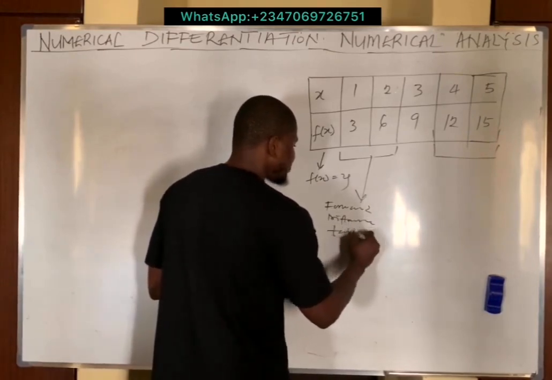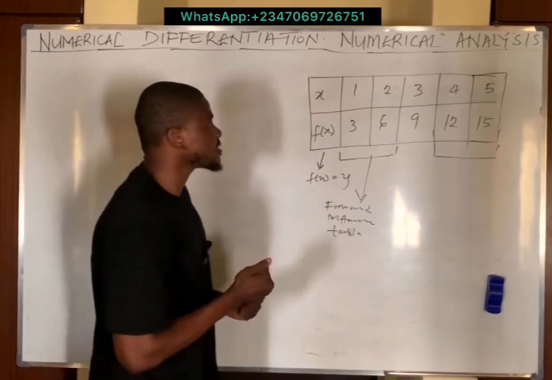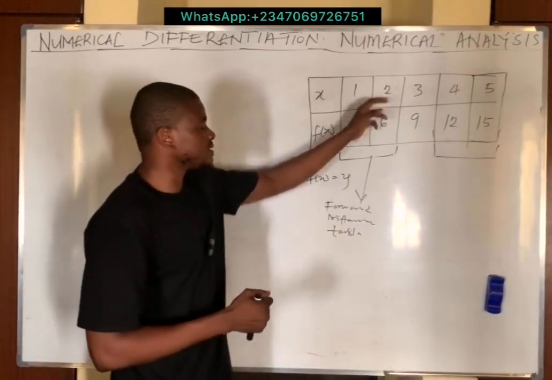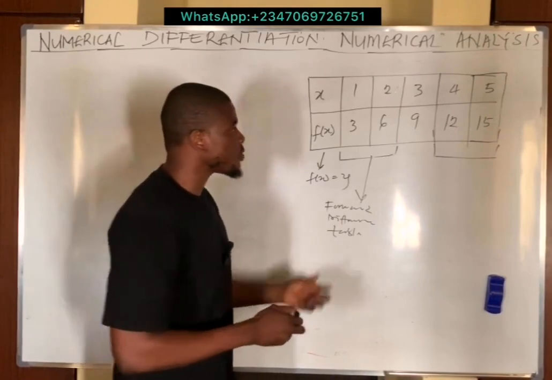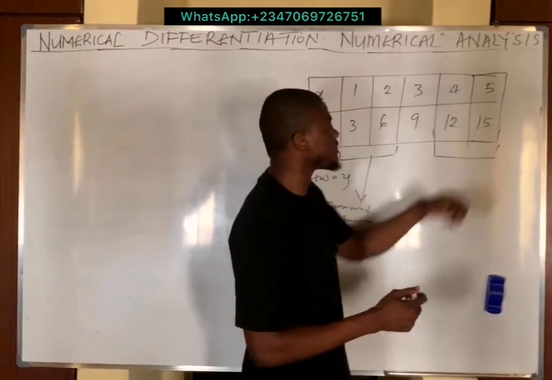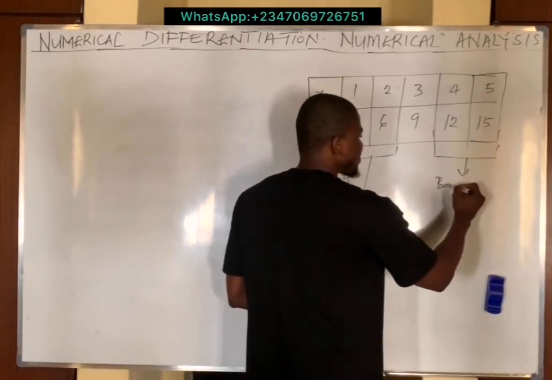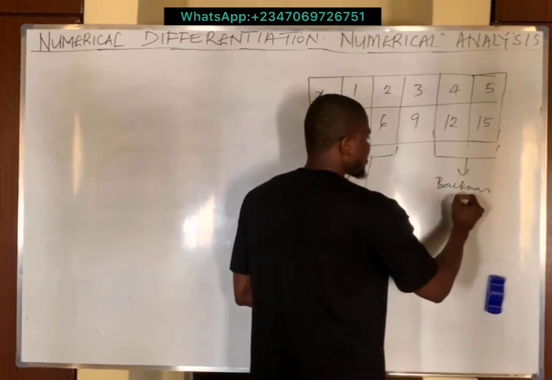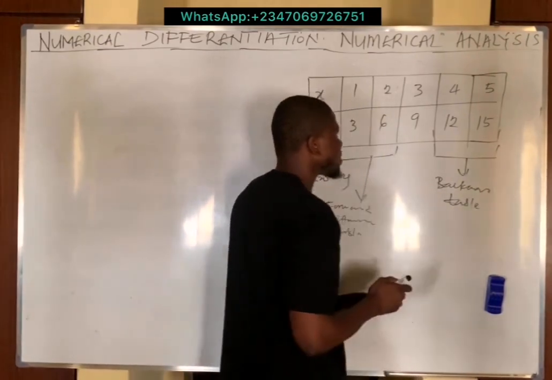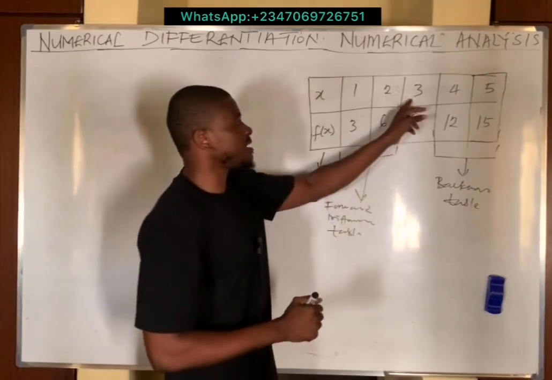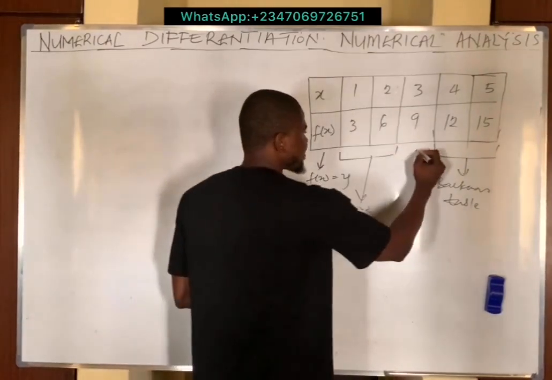Any value that lies between 1 and 2 is said to be at the forward of the table, whereas any value that lies between 4 and 5 is said to be at the back of the table. So this is the backward table, and any value that lies at the middle is said to be in the central table.